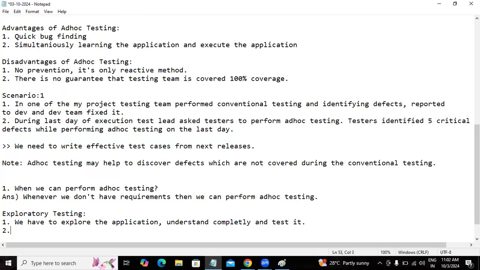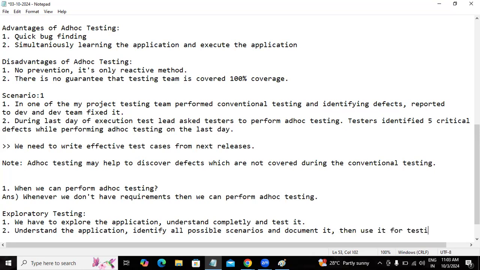Understand the application, identify all possible scenarios and document them, then use them for testing.